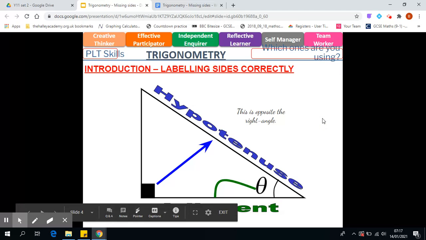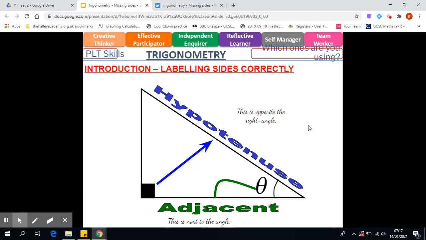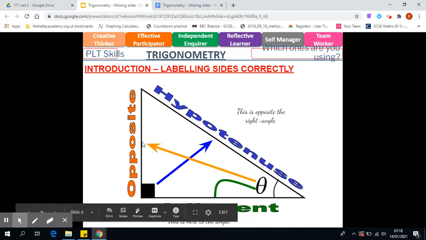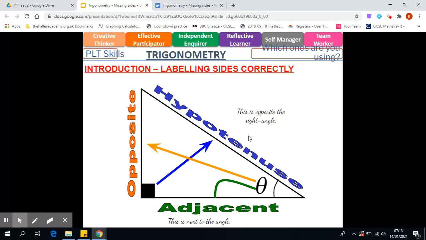The side next to the angle theta is called the adjacent side. And finally, the side opposite to theta is called the opposite side. We could use the letters H, A, and O to represent hypotenuse, adjacent, or opposite side.